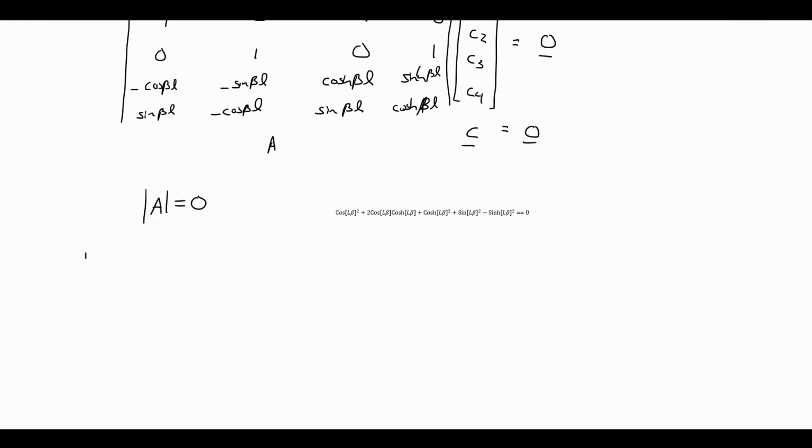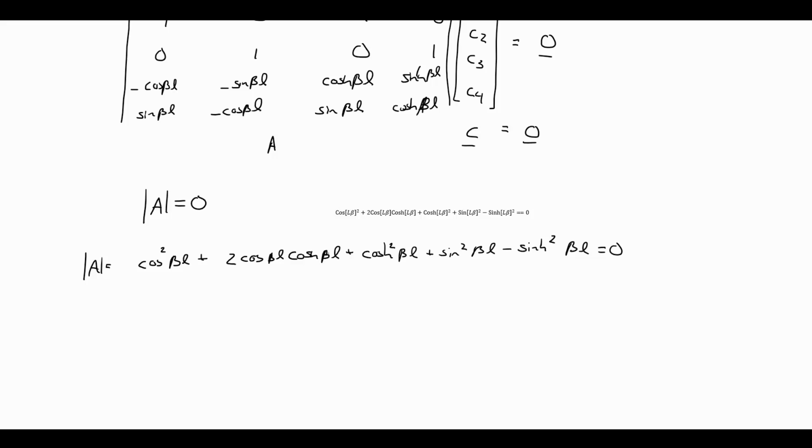So I will transcribe what Mathematica gave us before it did the simplification automatically: cosine squared beta L plus 2 cosine beta L cosh beta L plus cosh squared beta L plus sine squared beta L minus sinh squared beta L equals 0.